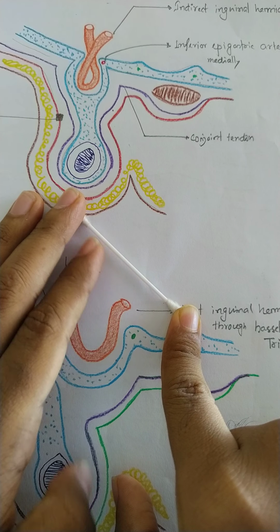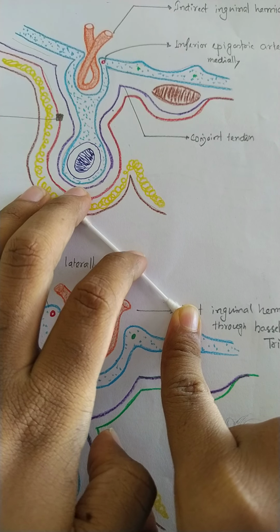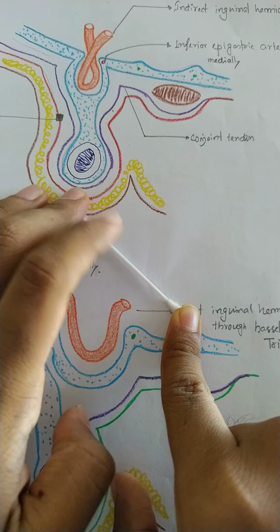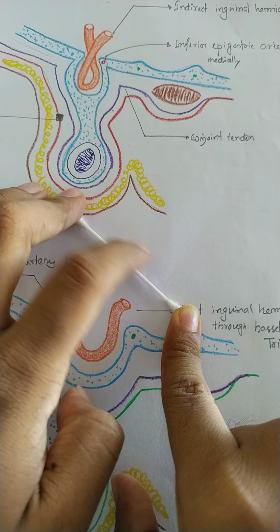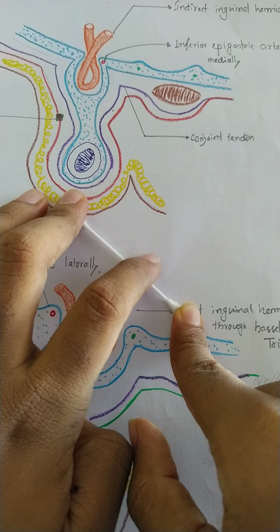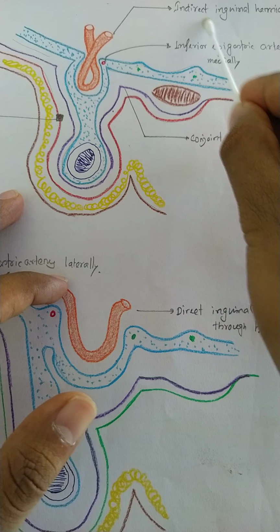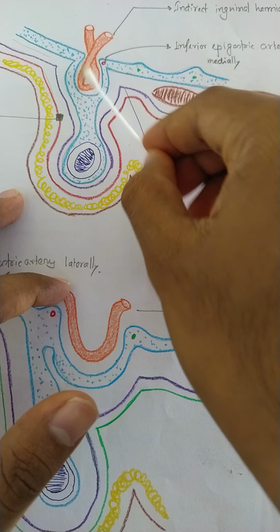If we make the midpoint, and from that 1.25 centimeters above, there is the deep inguinal ring. If there is any defect in the deep inguinal ring, it is called the indirect inguinal hernia.